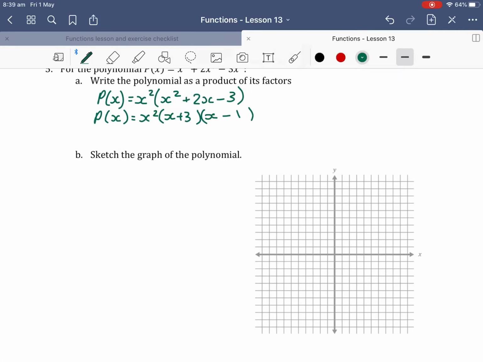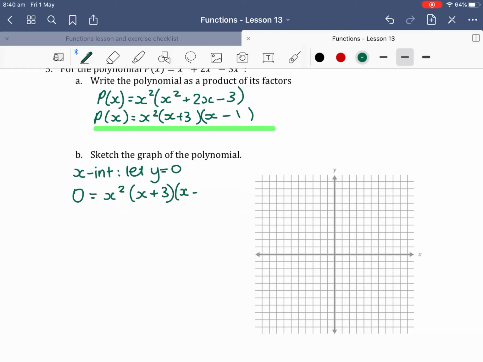And so we have now written the polynomial as a product of its factors. Next we want to sketch the graph of the polynomial, so we need to find our x-intercepts. We're going to let y equal 0, using our polynomial straight away. So we've got 0 equals x squared (x plus 3)(x minus 1). The reason for this is we've already factorized it.